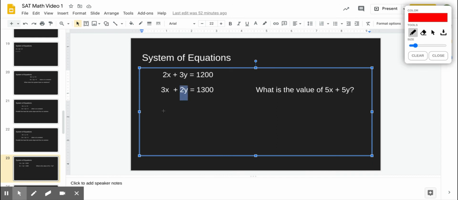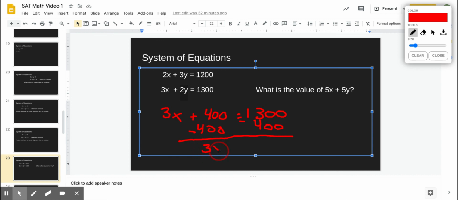If the y is 200, we're going to have 3x, and 2 times 200 is 400, equals 1,300. And we just have to minus the 400 on both sides. And by the way, you could have done the top number too, whatever you think is easier.